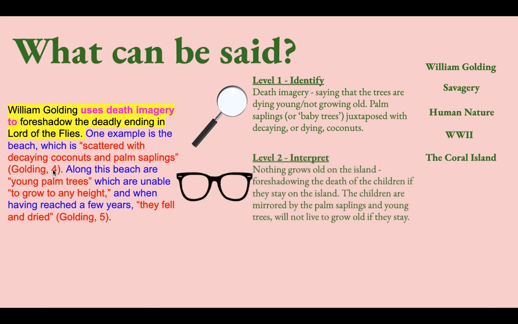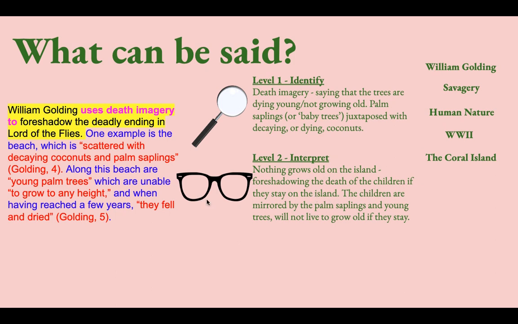Level 2 is interpret. What's the importance of it? Well, it's saying nothing grows old on the island. So here it just says the young palm trees fell and dried when they reached a few years, right? But as far as the book's concerned, applying this to the whole setting, nothing grows old on the island, which could foreshadow the death of the children if they stay on the island.